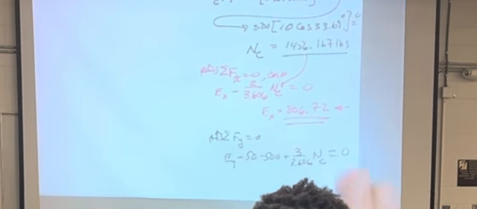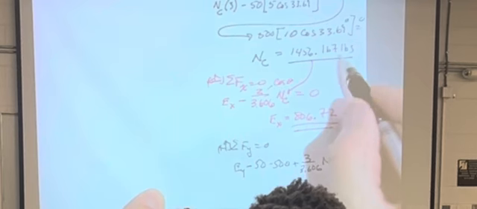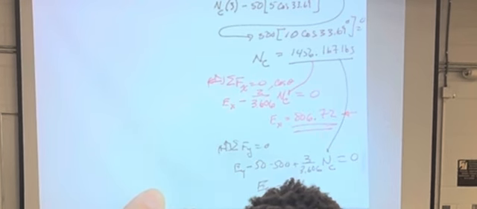Positive, so it is indeed to the left. Sum of forces in the y equals 0, positive upward. EY minus 50 minus 500 plus 3 over 3.606 NC equals 0. In which case, dump that in there. EY comes out 661.45.